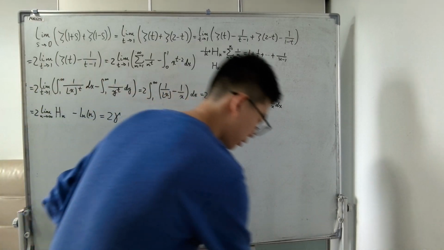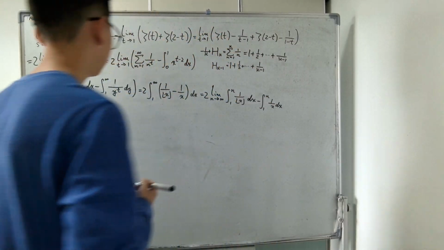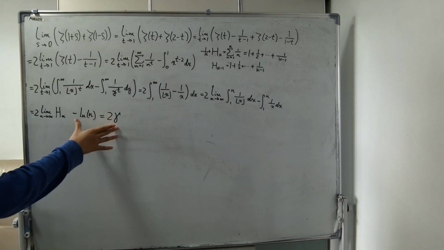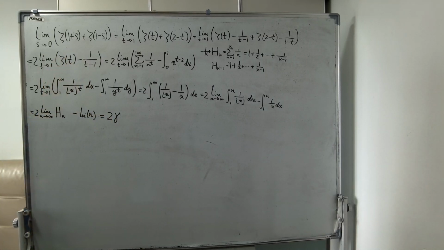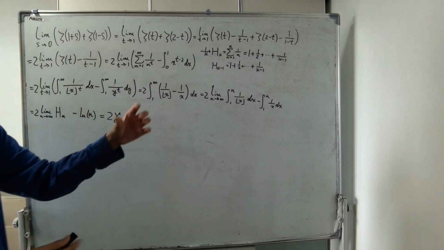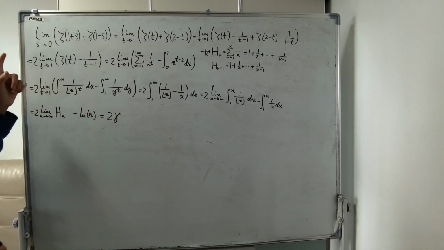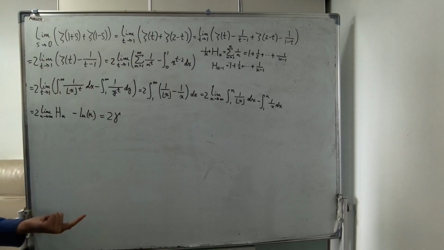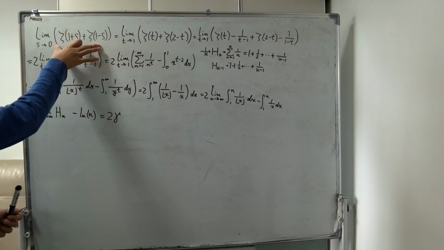I would say this is a very quick solution. I haven't seen many solutions, but this is the one I came up with, and it equals this. Now, at the beginning of the video, I said that this is related to what is called the principal value of the zeta function, which is basically like this thing, but over 2, right?